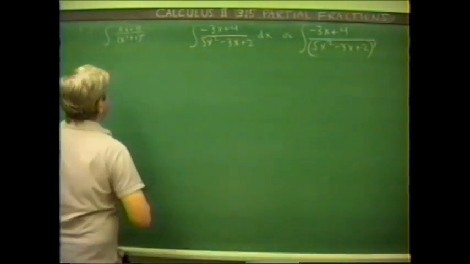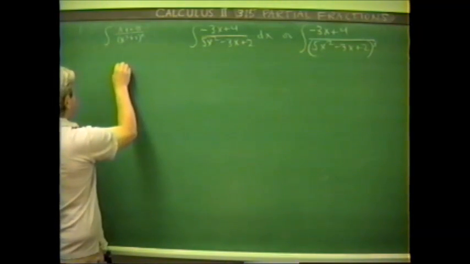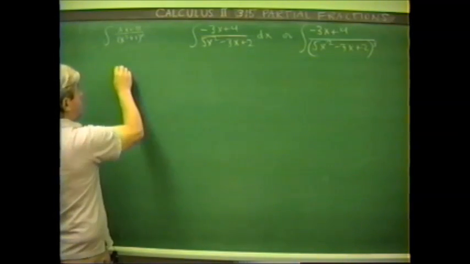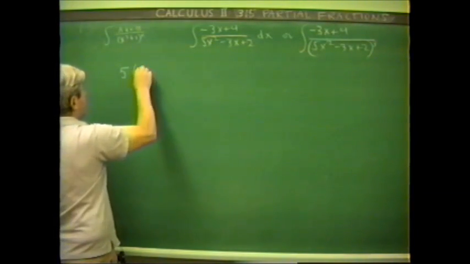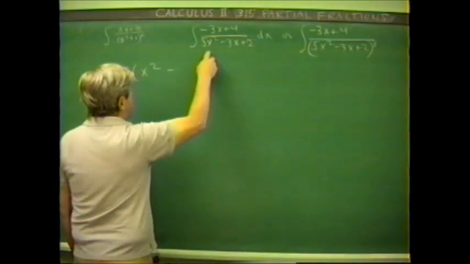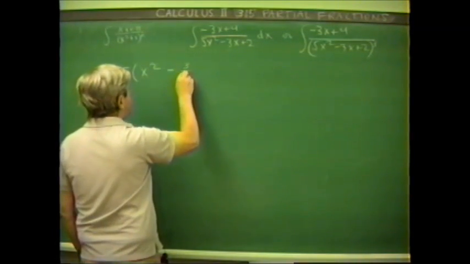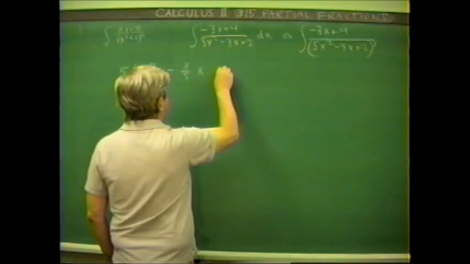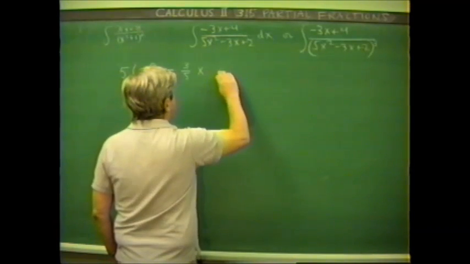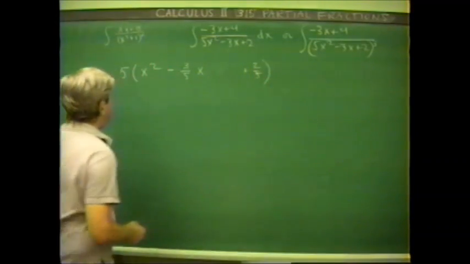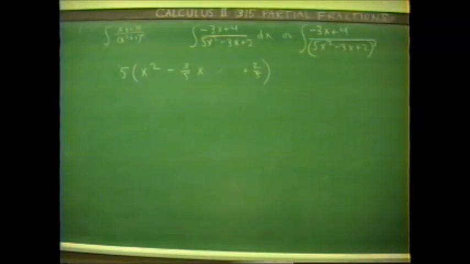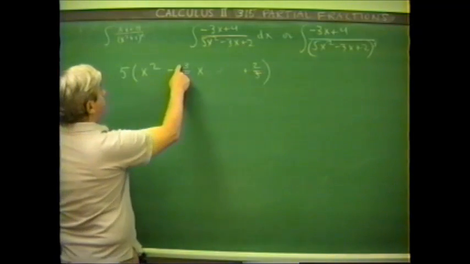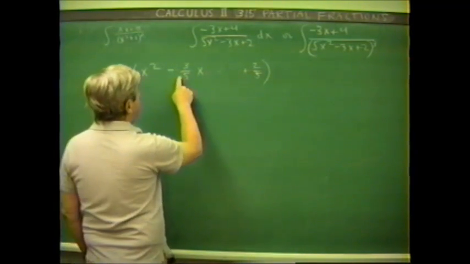Now, we can determine that the denominator here can't be factored, and we can write this then as, well, let's just consider 5x squared, I'm just looking at the denominator here, minus 3/5 x plus 2/5. Right? And when I complete the square here, I would divide this by 2, I'll get 3/10, and square that, which is going to give me 9/100.